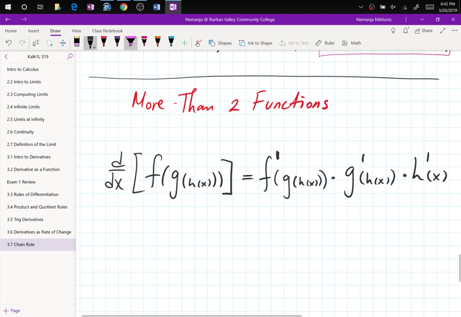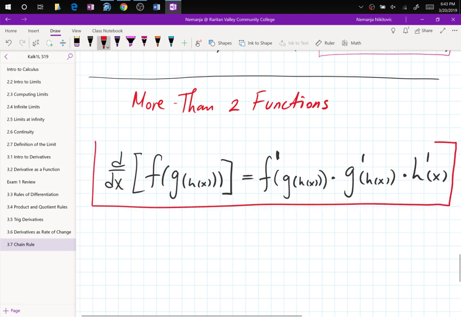So please look at the pattern. 1, 2, 3, 1, 2, 3. 3 functions, 3 factors in a product. 1, 2, 3, 1, 2, 3. That's what it is.